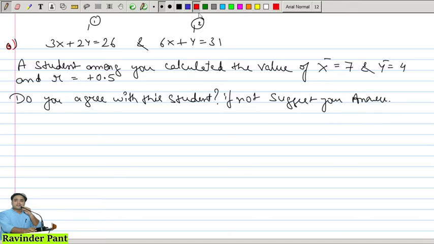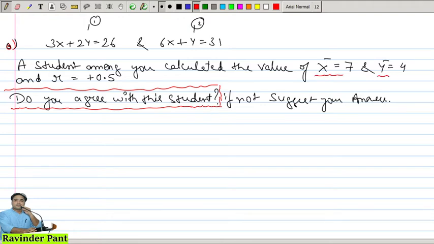So this question is being asked indirectly. It says, do you agree with this student? Let me tell you that this will be discussed at the end of your solution. Ultimately, you need to find these values. You have to calculate it if you want to tell whether you agree or not.